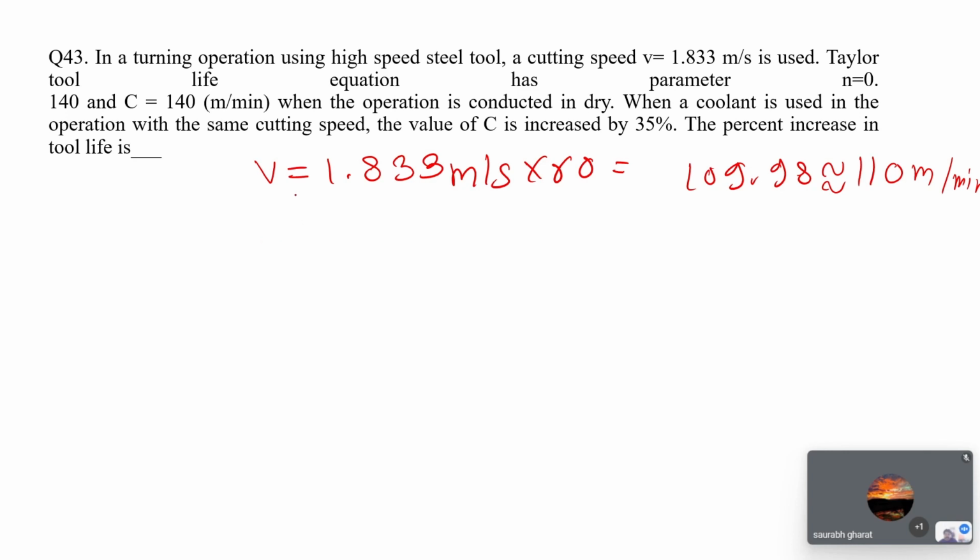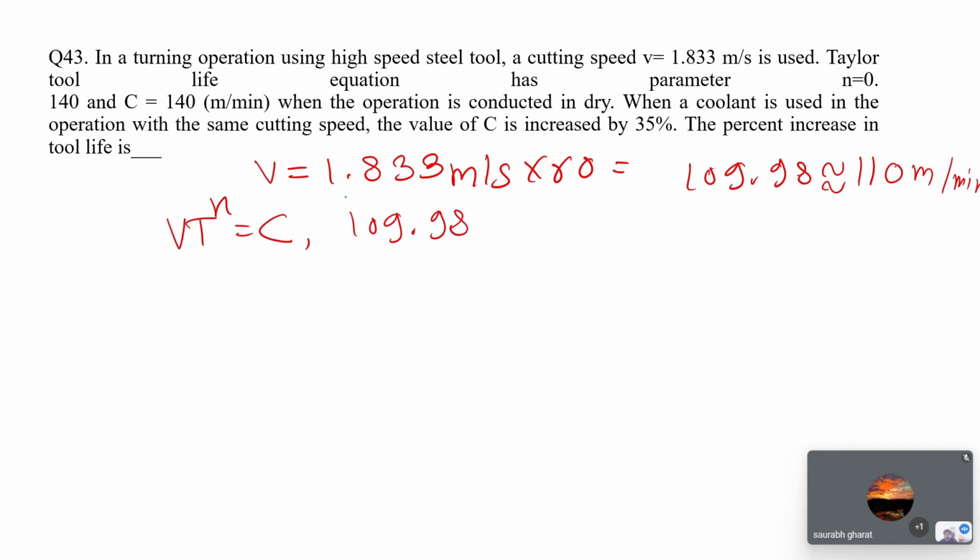So you have the equation actually. Now the question wants you to find T, the tool life. So what is your T? The tool life equation: V T raised to N is equal to C. So what is your V here? 109.98.